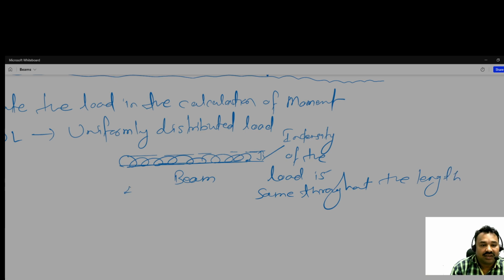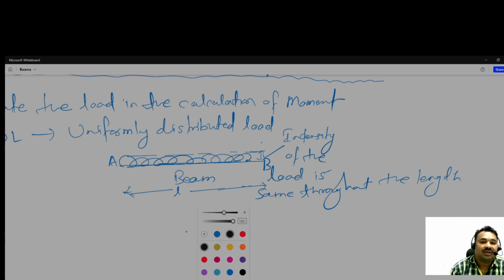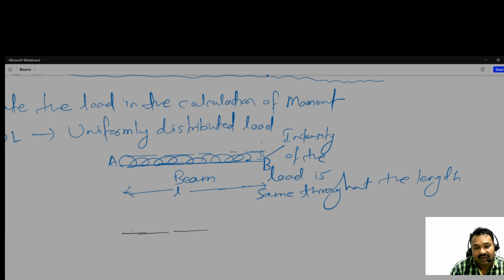Okay, and suppose L is our length, and this is our A, and this is our B. This can also be represented in the form of a rectangle with the same height and the direction downwards.